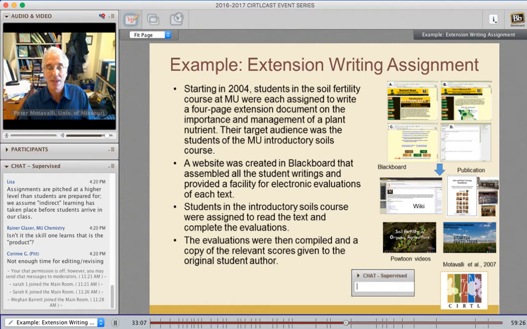And now what we're doing is these Powtoon videos. Students are developing the scripts for them, and then they put together these videos, which are all based on, for the extension audience. And we've talked to the extension director here about having a student extension site where this material could go up, and the extension agents and specialists would then give some feedback to the students.